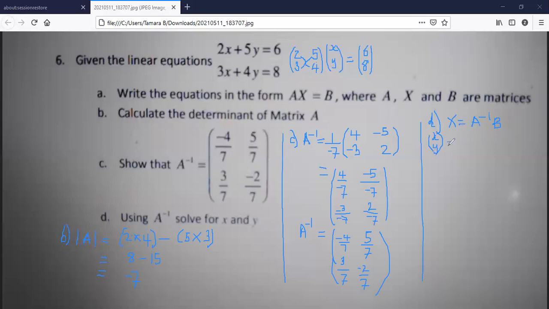It's equal to the inverse that we just found. So it's minus 4 over 7, 5 over 7, 3 over 7, and minus 2 over 7 to complete the inverse.